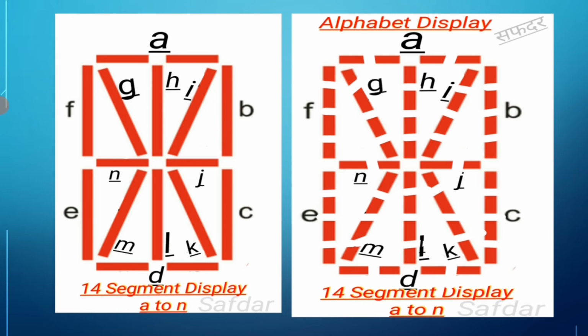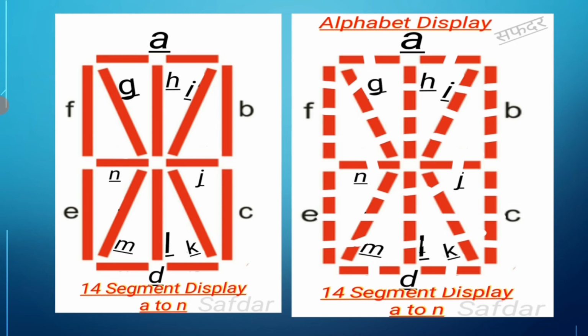Here you are seeing that one segment consists of either 4 LEDs or 2 LEDs. All segments use 4 LEDs in series except J and N, where only 2 LEDs are connected in series.